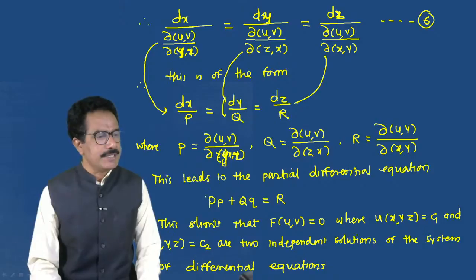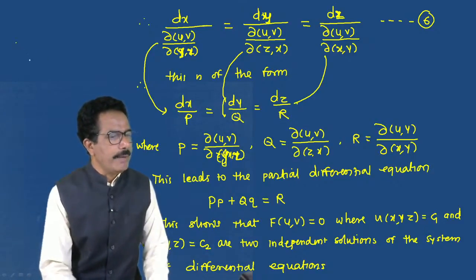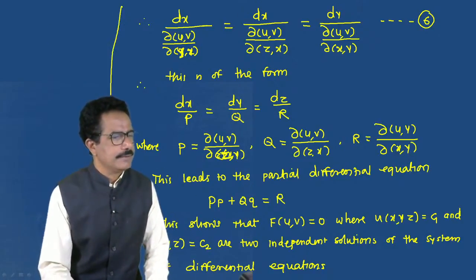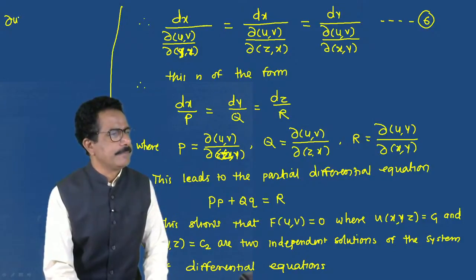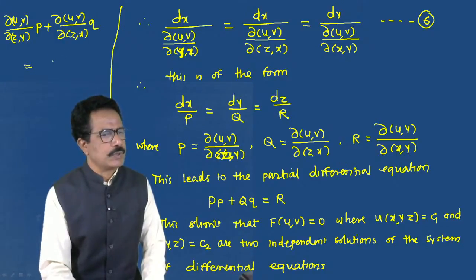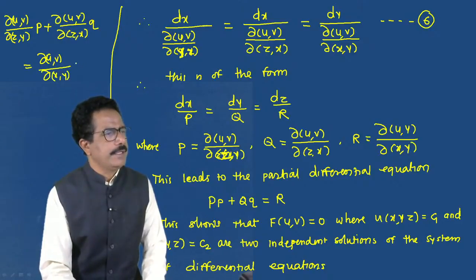That means we can write in this way: ∂(u,v)/∂(y,z) according to Jacobi's solution, into p, plus ∂(u,v)/∂(z,x) into q, which is equals to ∂(u,v)/∂(x,y), which is equals to R. So this is the solution.